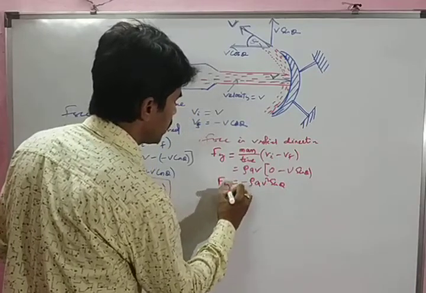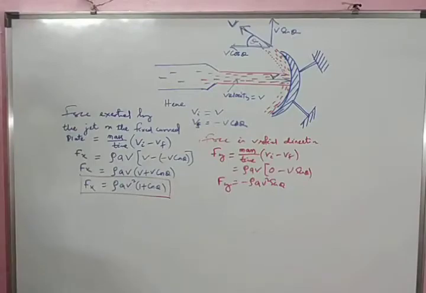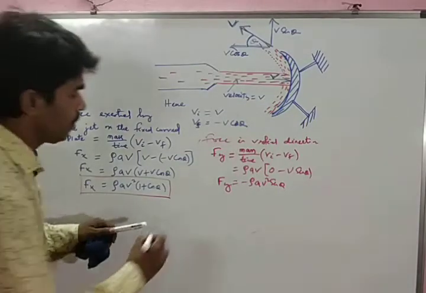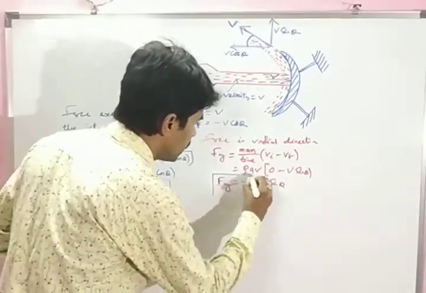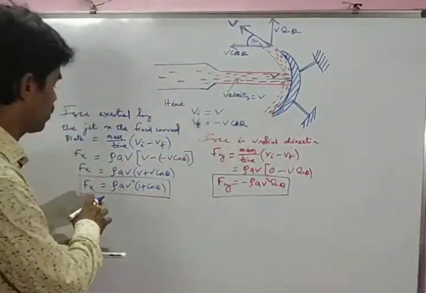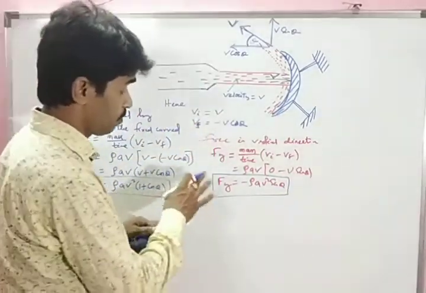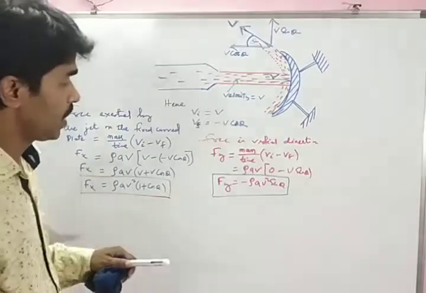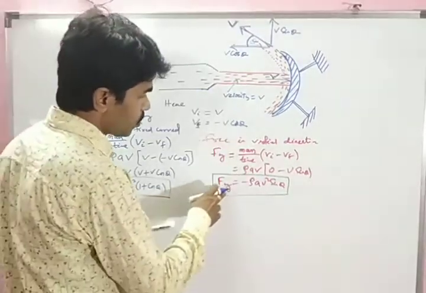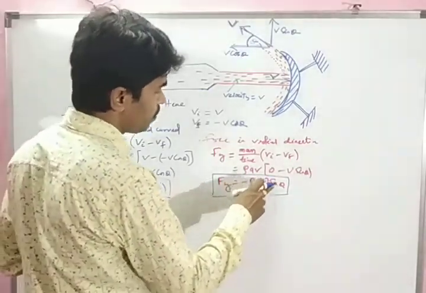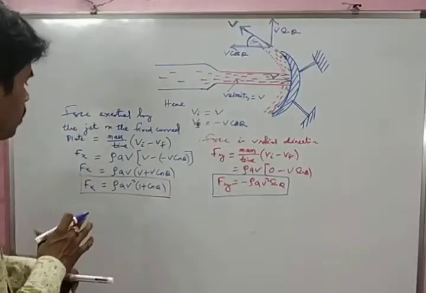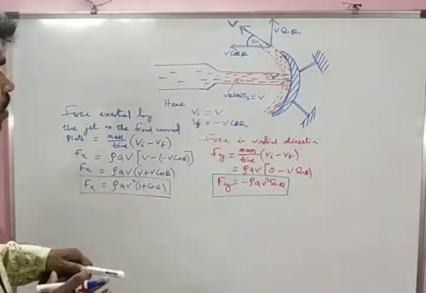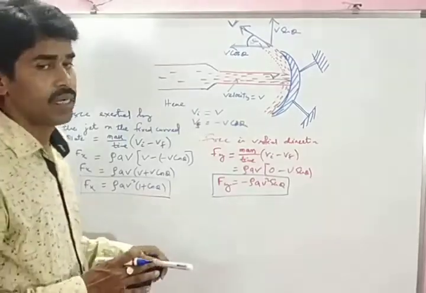So Fy is equal to minus rho a v square sin theta, and Fx is equal to rho a v square into 1 plus cos theta. Two different cases.